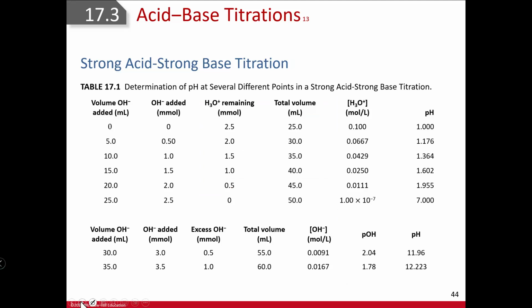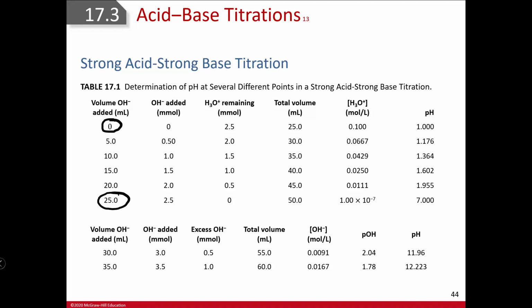So you're going to be collecting data like this in the lab if you're doing titrations. Let me get this slide over here. You'll initially have 0 added of the titrant, the sodium hydroxide. We maxed out at 25 milliliters of sodium hydroxide added.